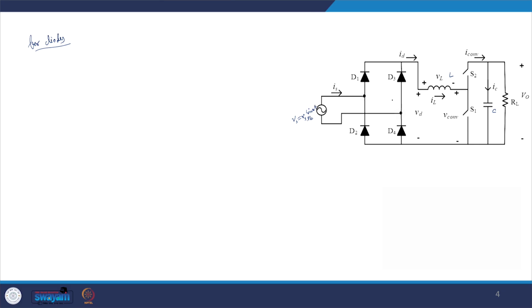So the concepts we derived during the discussion of the full bridge uncontrolled diode rectifier will also be followed here.